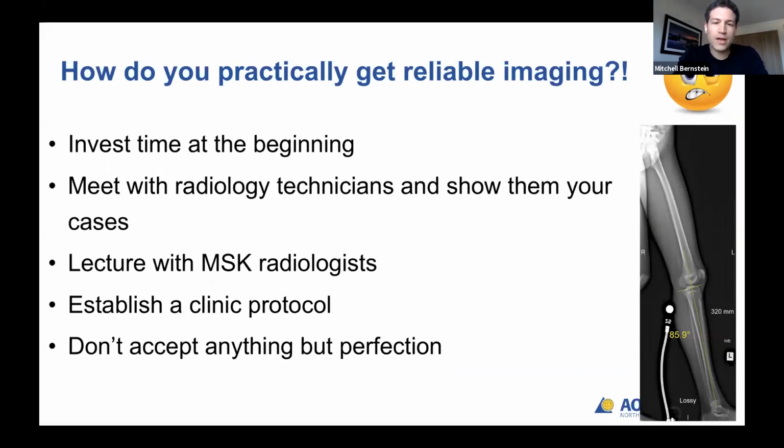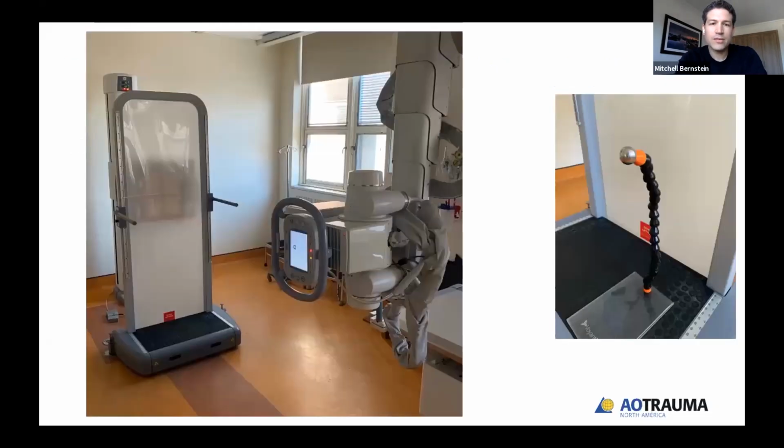I've lectured with the radiologists who are super eager and motivated to listen to what we're doing. Establishing a clinic protocol is very important, and then training them so that they know if it's you ordering the x-ray, you're going to be sending patients back, so that they are motivated to get really, really high quality images.